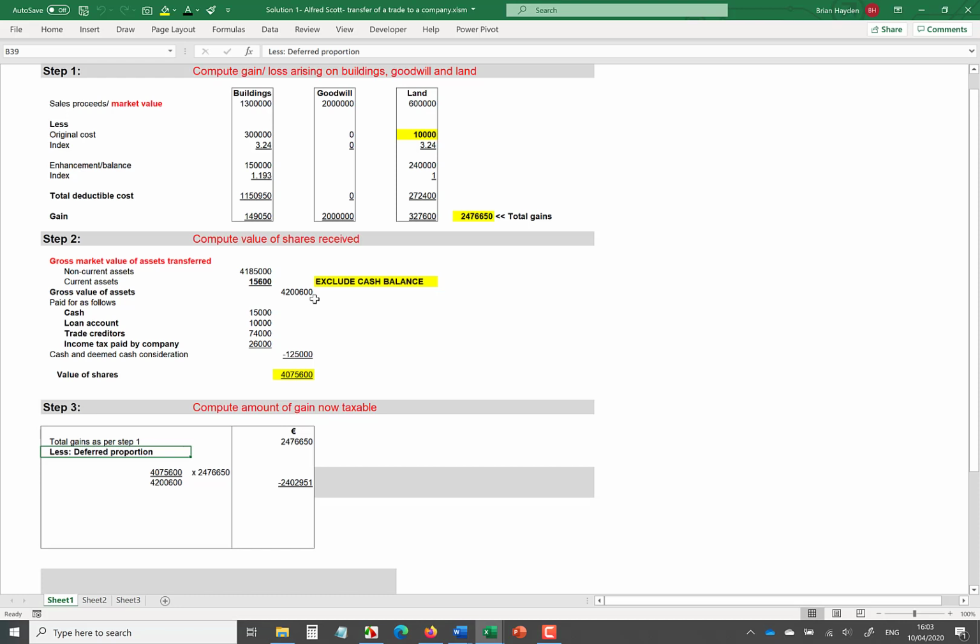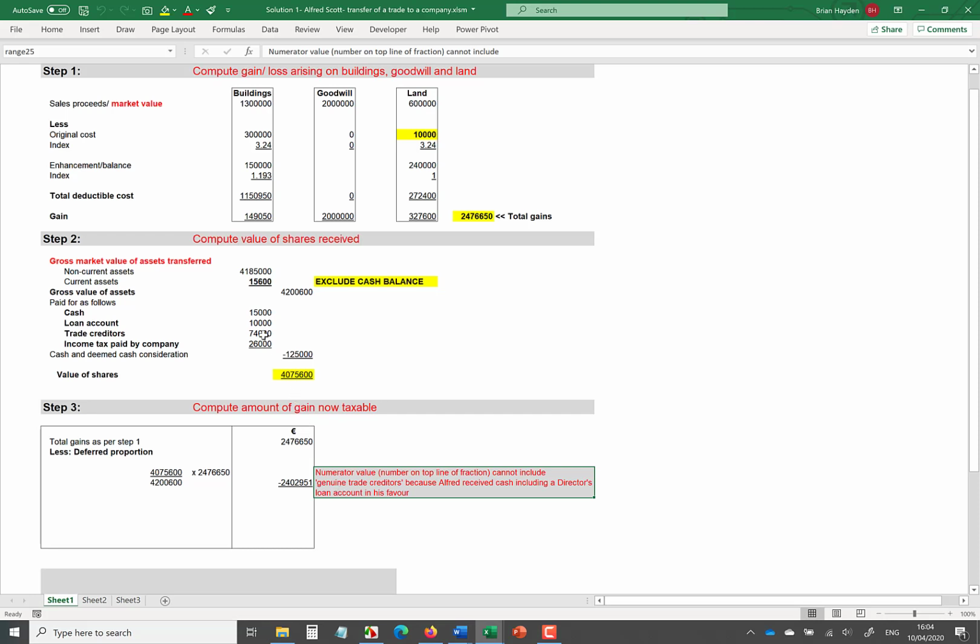Now there is a special concessionary treatment available to a sole trader who is availing of this particular relief, but it's only available if the sole trader receives nothing but shares. And the nature of the concessionary treatment is that if you receive nothing but shares, you can include genuine trade creditors in your numerator value. Now that's not available in this particular question because Alfred received cash and a loan account and had income tax paid off by him.